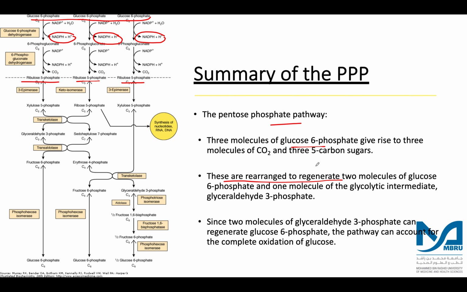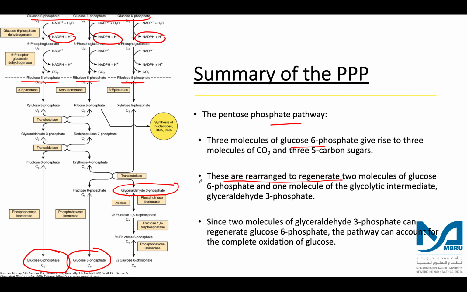Now, as you go through the pathway, there are a lot of arrangements happening. So C5, C7, C6, and at the end you get back 2 molecules of glucose 6 phosphate and 1 molecule of glyceraldehyde 3 phosphate.